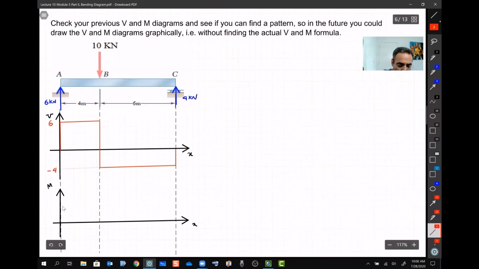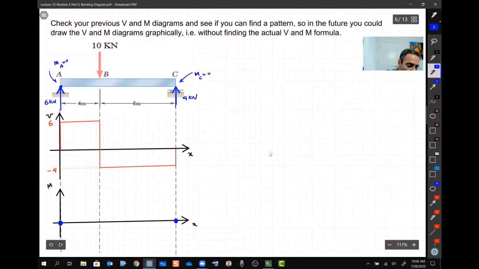Now I want to draw M. Remember, at the beginning of the beam, the moment is 0, and at the end, the moment is 0. MC is 0, MA is 0.